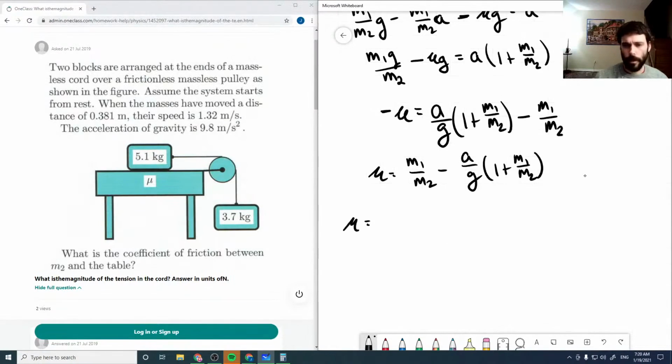So our mu is m1 being 3.7 kilogram mass over m2, minus our acceleration, which is 2.287, over g, which is 9.8 meters per second squared, times (1 plus m1 over m2).